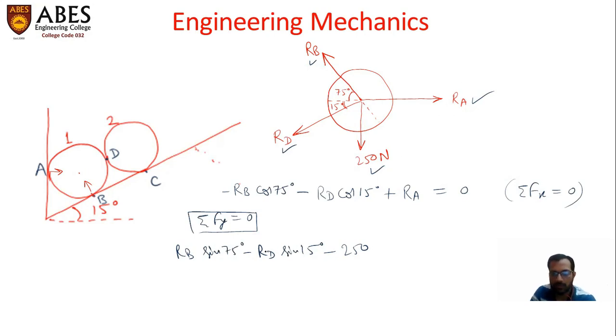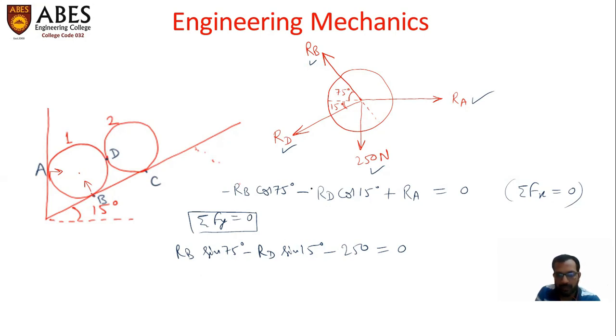So these are the only three forces which will be considered for vertical forces equation. So RB sine 75 minus RD sine 15 minus 250 equals to 0.